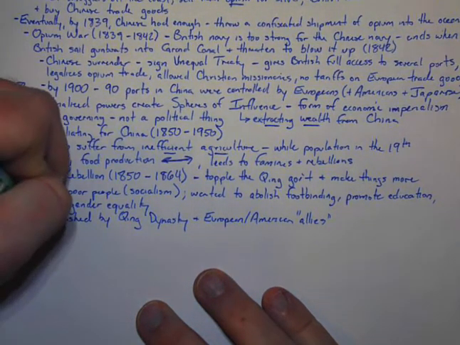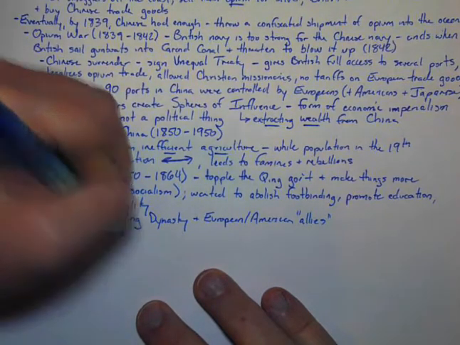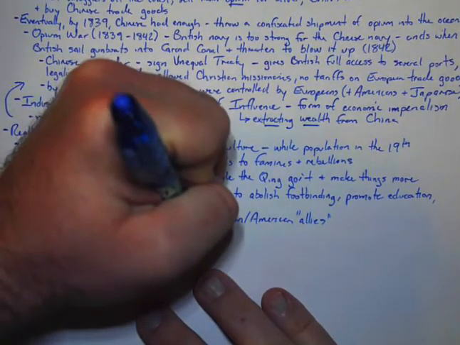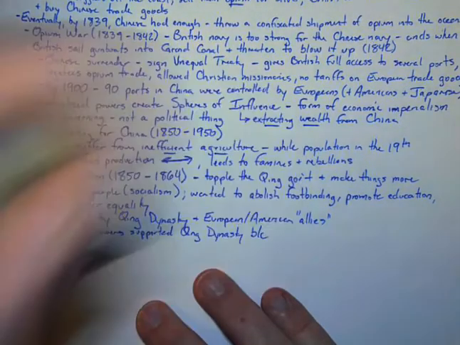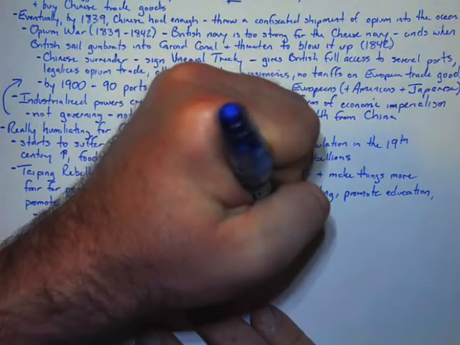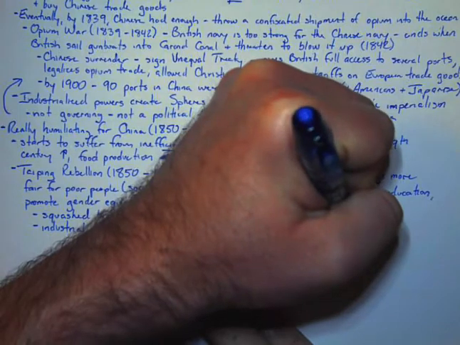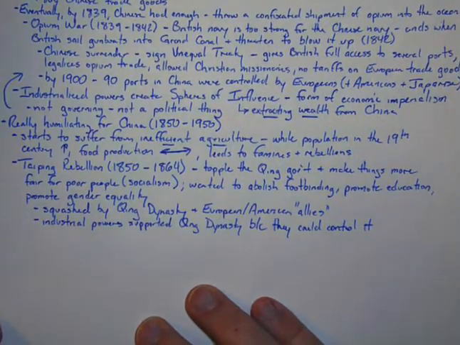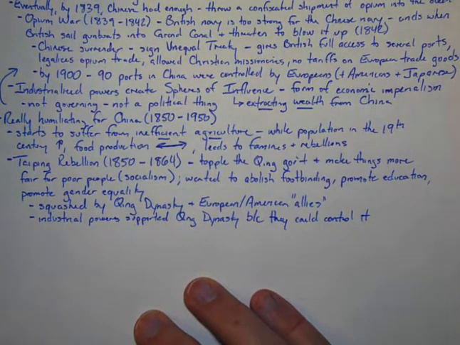The industrial powers supported the Qing Dynasty because they could control it. And so they wanted to protect it from the Taiping Rebellion.